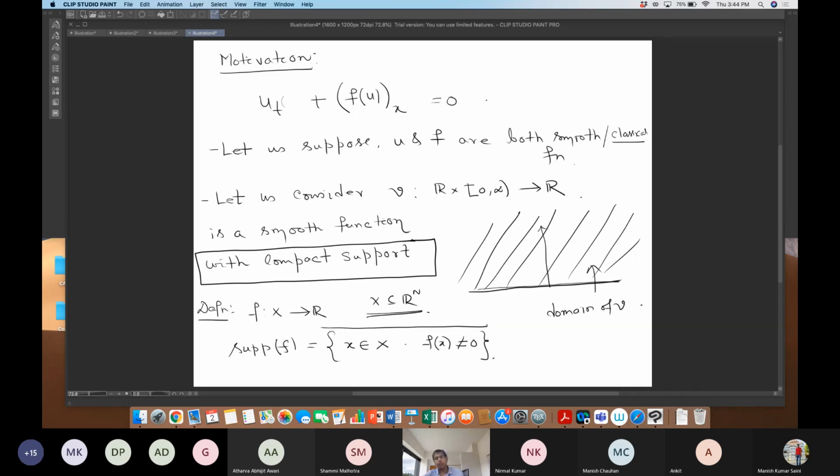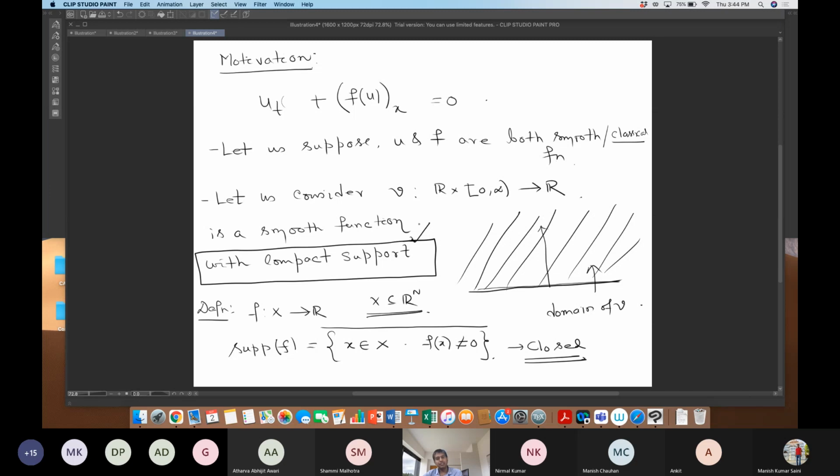This is called the support of f. So what can you immediately say about the support of any function? What type of set is it? Closed, always closed.